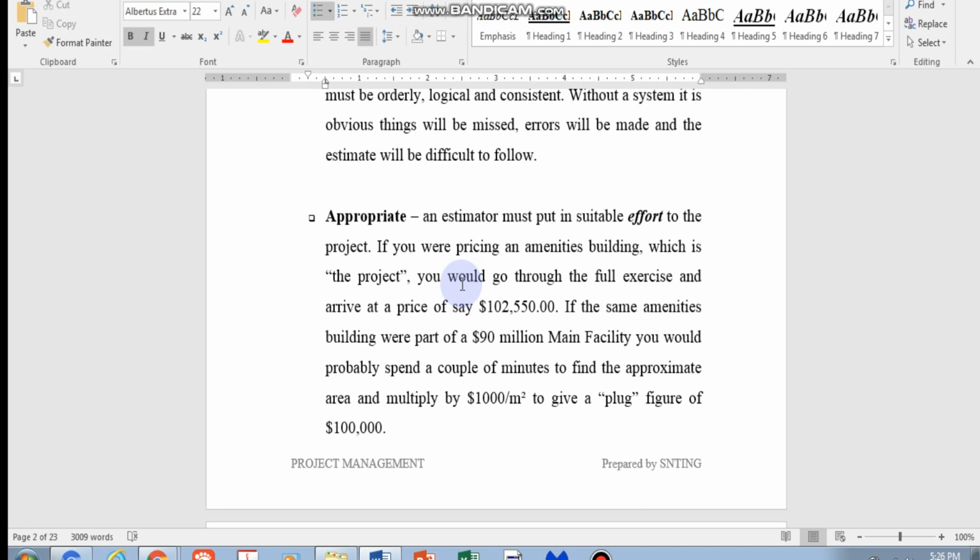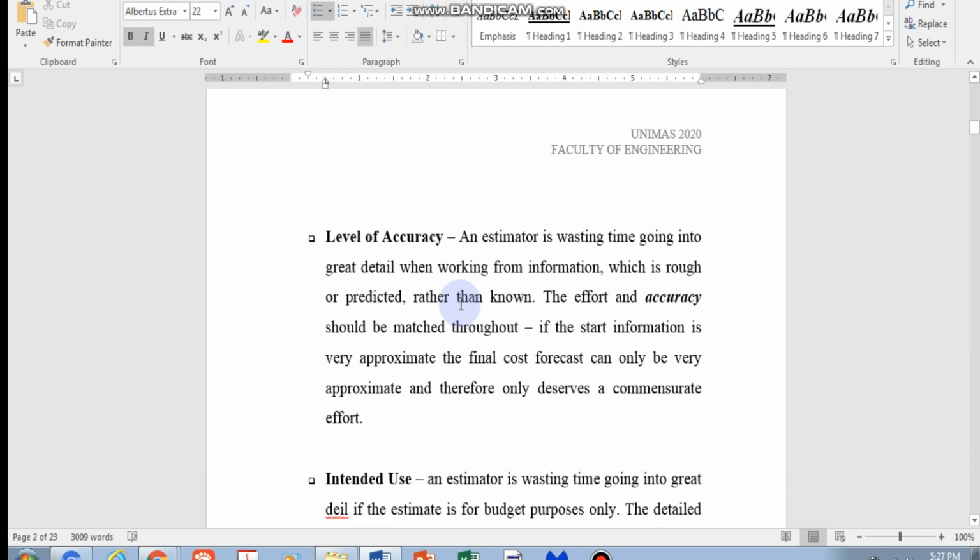So appropriateness is about the effort. If it's not a simple analysis, and the purpose of the estimate is for something more critical, then appropriateness in the effort matters a lot. The level of accuracy obviously depends on the information that is being fed to you, whatever information you have.